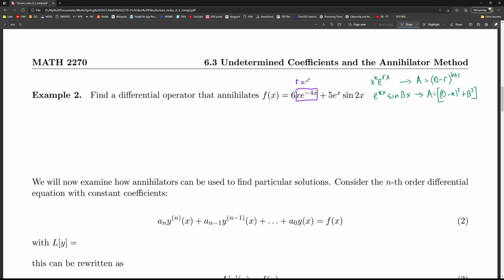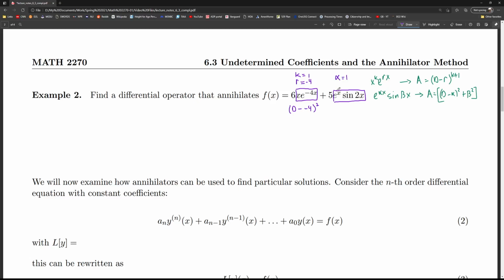r equals negative 4, right? And k equals 1. So the annihilator for that first part is (D plus 4) to the power k plus 1, which is 2. And then for the second part, the annihilator we need for e to the power x sine of 2x, we see that alpha equals 1.